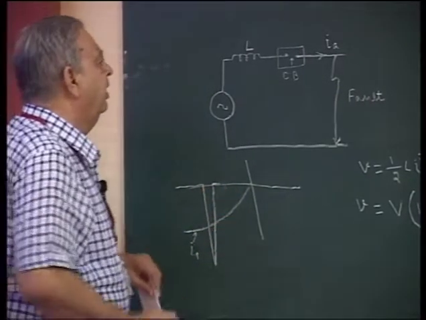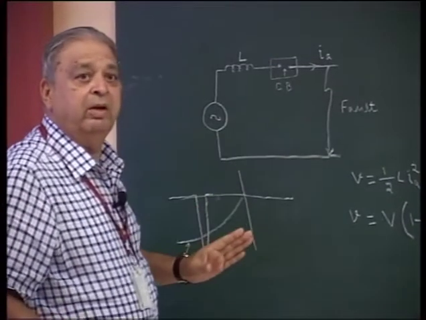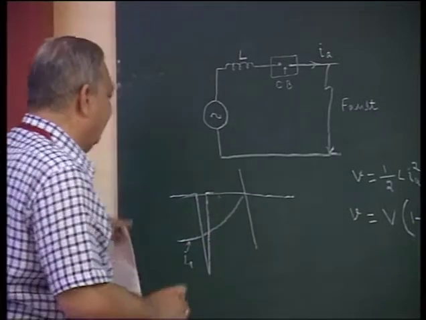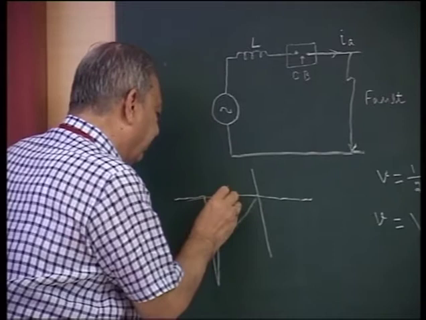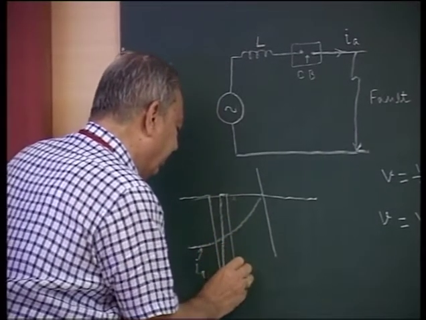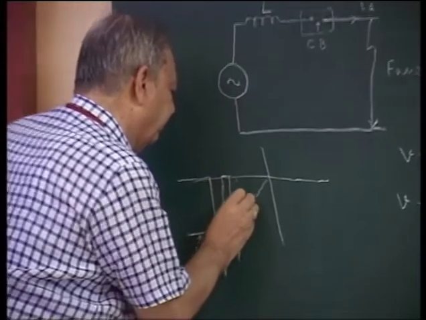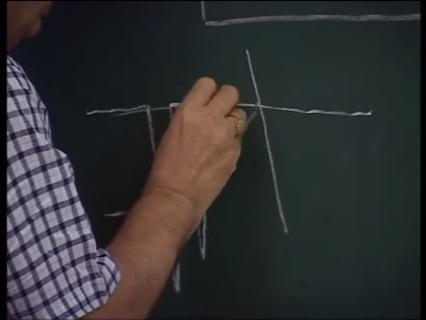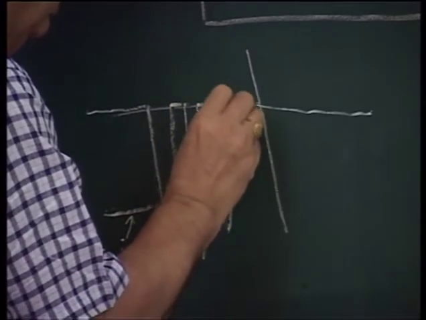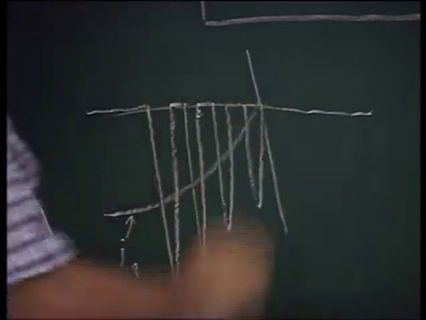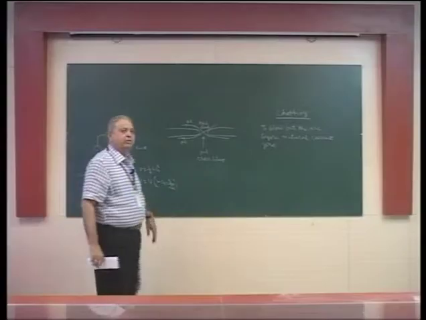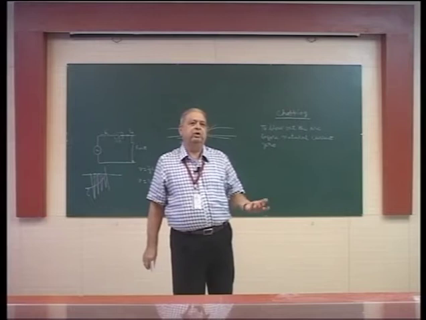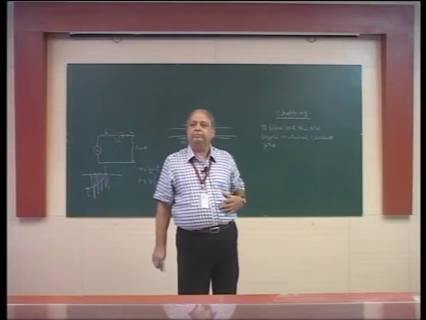Then as this blast is going on, a comparatively weaker arc now, because of lower current, will definitely break the gap, and it will restrike the arc, and again the voltage will become zero. Again there is a restrike, and so on till the natural current zero comes, and when the natural current zero comes, then it will not restrike again because the voltage induced will be zero at natural current zero.